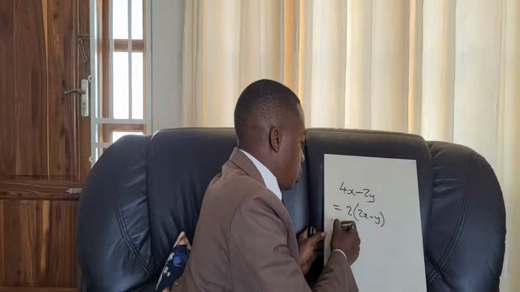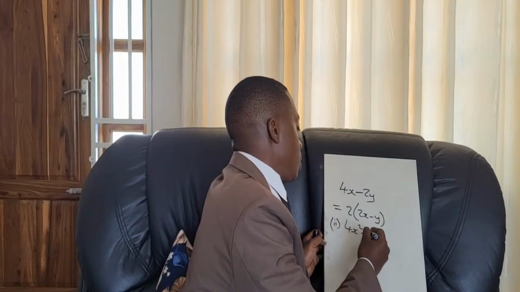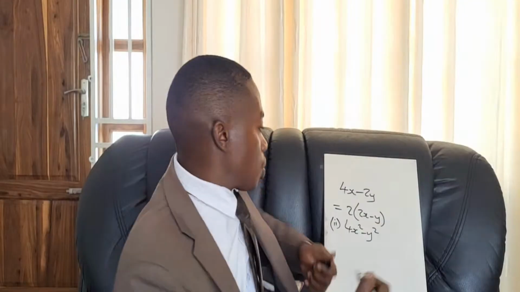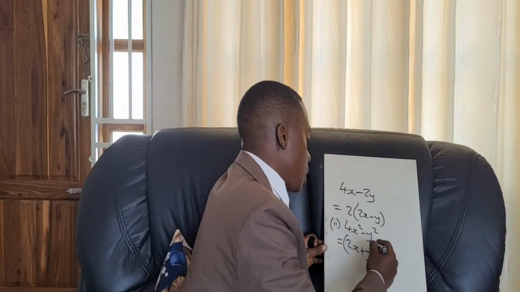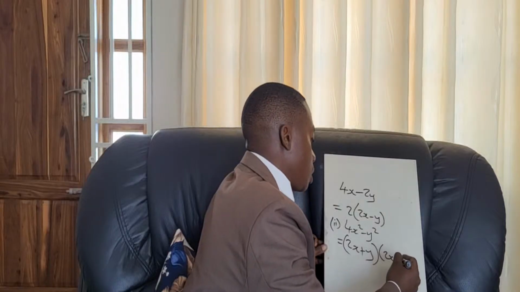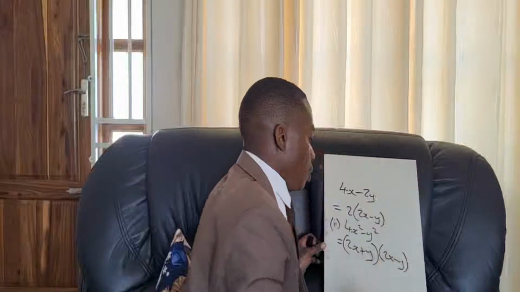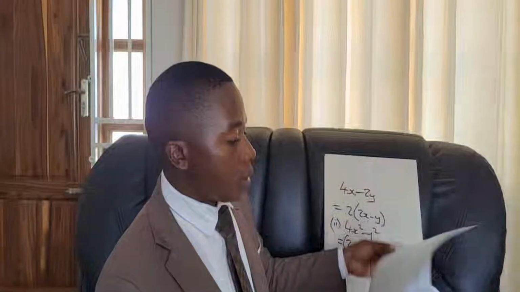Then item number 2, factorize 4x squared minus y squared. This is a difference of two squares, so it will be 2x plus y and 2x minus y, like that.